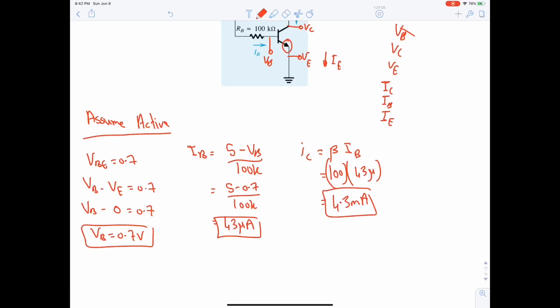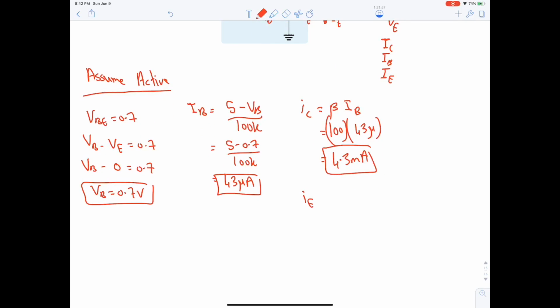After finding IC, we can find IE through IB plus IC. So it will be 43 micro plus 4.3 milli, which is equal to 4.34 milliampere.